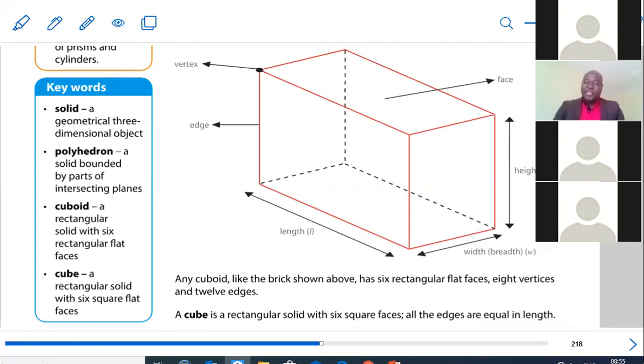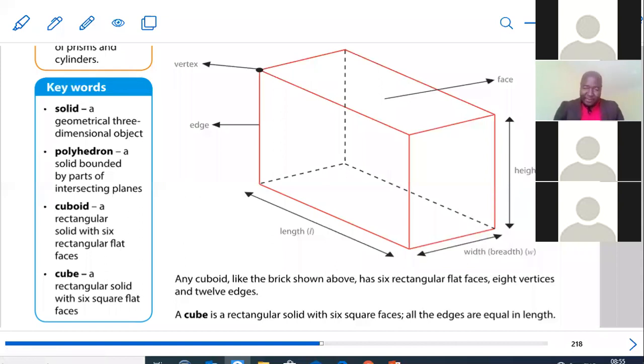And of course, the breadth, which others call the width. And the last one is the height of the object. Those are the 3 components that complete the 3D object.